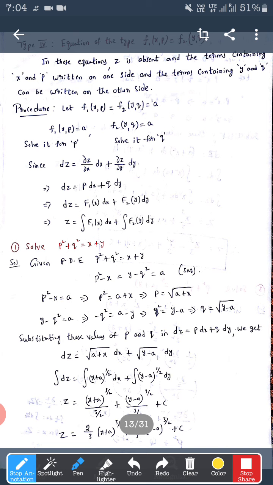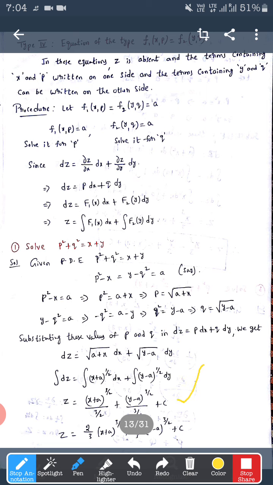Therefore integral dz is equal to integral of x plus a whole power of 1 by 2 dx plus integral of y minus a whole power of 1 by 2 dy. Here I am applying the formula integral x power of n dx is x power of n plus 1 by n plus 1.